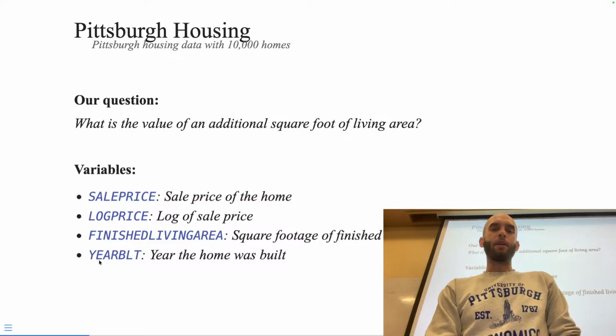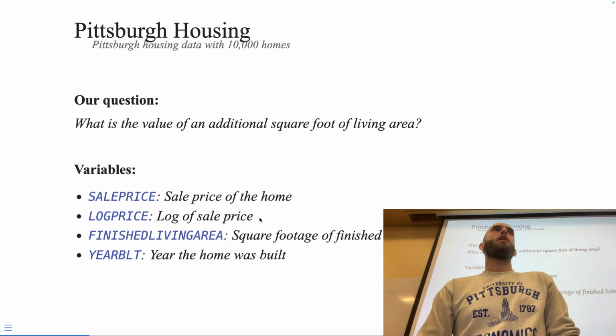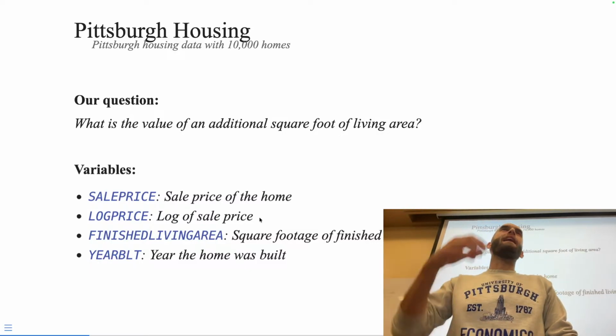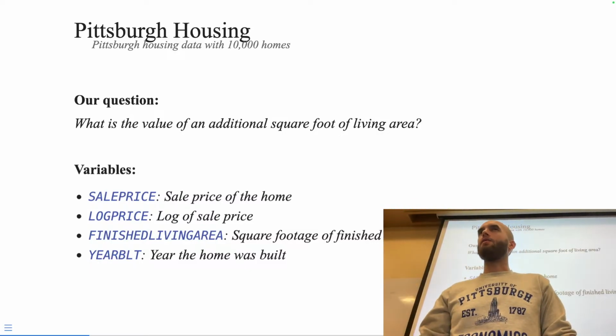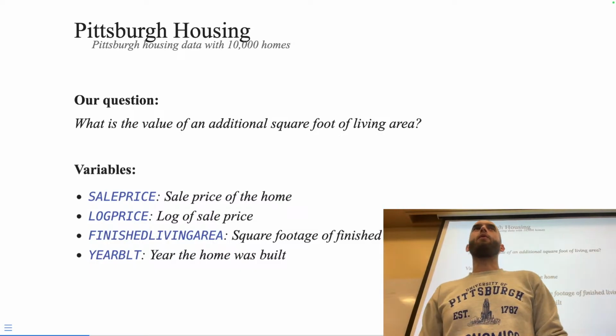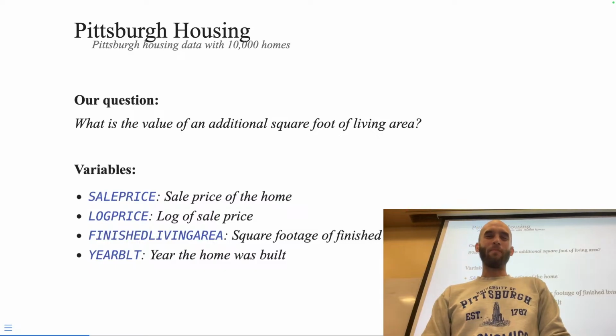And as I'm going to show you in a second, we have these variables. So we have the sale price, we have log price, which is just the natural log of the price of the house. And as we've talked about, we generally want to log prices because they scale.